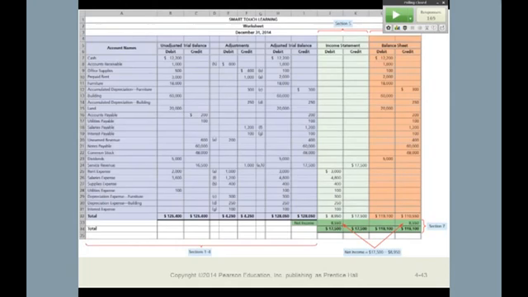I'll show you this with a simple example in a second, but you move forward from left to right where you have the opening balance of 500. Someone tells you they used up 400 of supplies, or they told you 100 was left, so you know you have to credit the supplies. And then you have to debit supplies expense in the income statement columns. And we'll show you that with a simple example.